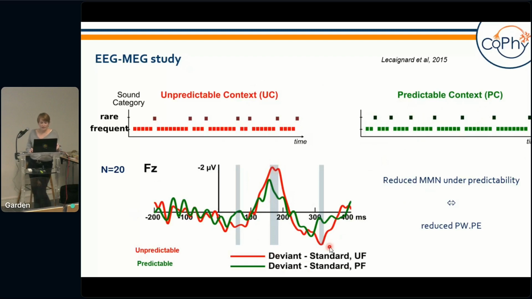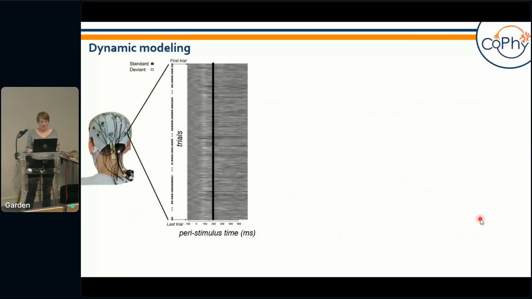But then once we have said this, we wanted to go further, since these two mathematical quantities are mixed together by multiplication into the MMN. As we wanted to assess their relative effect, we had to go to dynamic modeling. So in short, dynamic modeling is made of different steps that I will explain quickly.